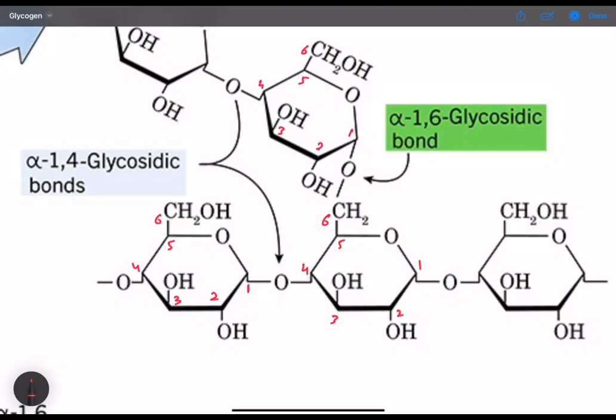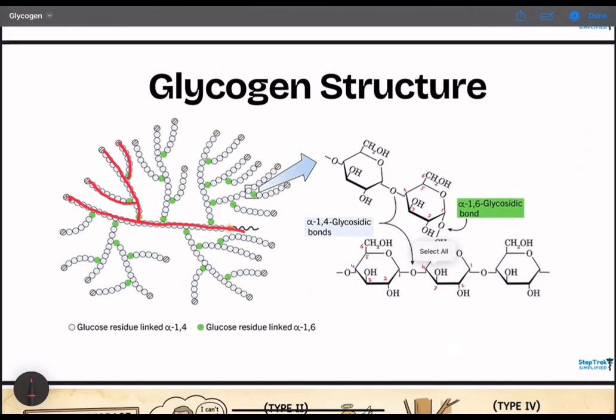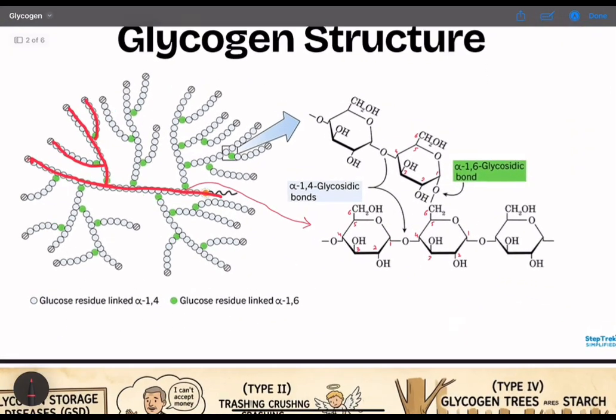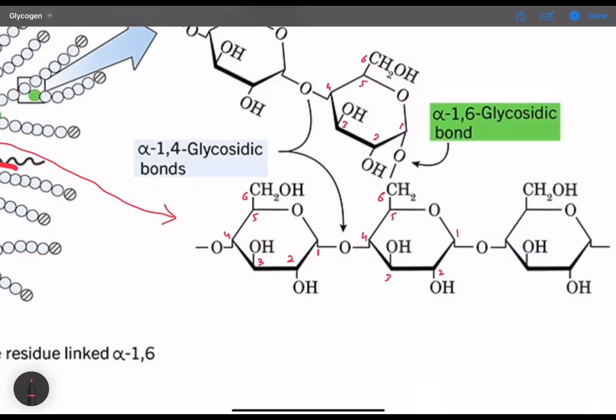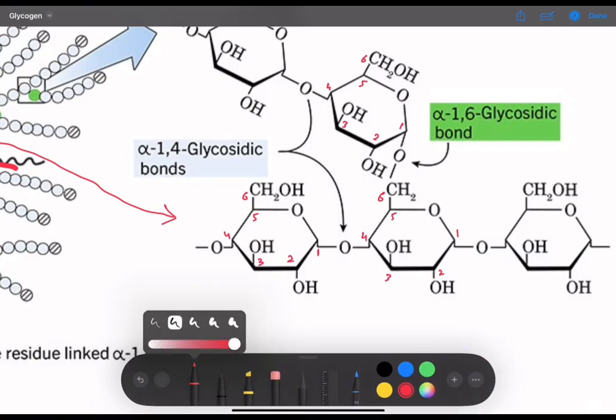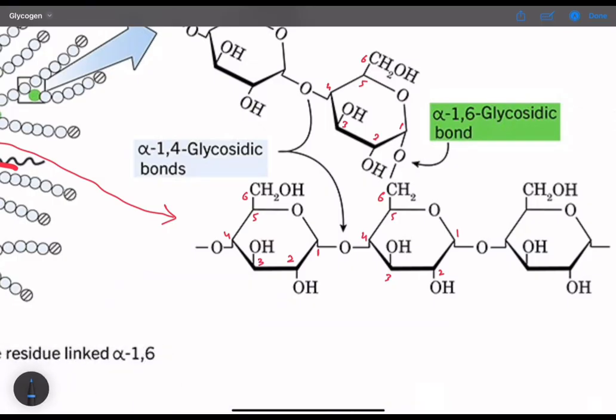Now the linear chains of glycogen are formed by linkages between carbon number 1 of one glucose molecule and carbon number 4 of another glucose molecule. It is known as 1,4 glycosidic bonds or linkages.